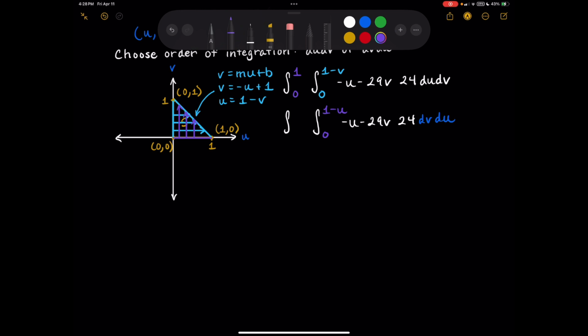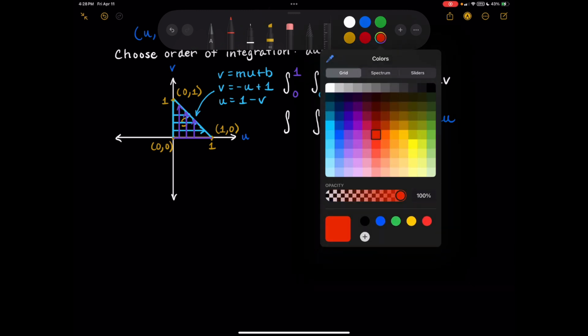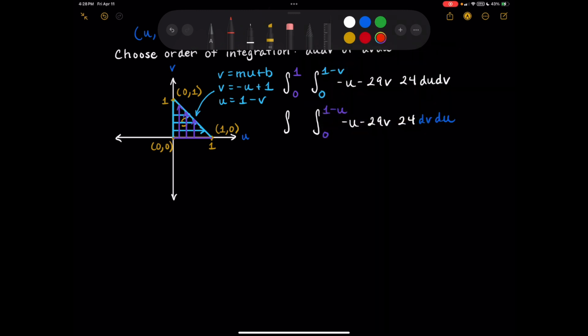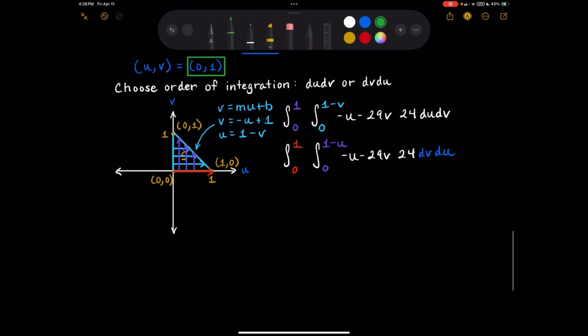And then if we look at what happens with u here, u just ranges from 0 to 1. Any value of u we pick, we're going to get any number between 0 and 1, infinite amounts of numbers, technically. So that would be the difference in our integral setup here.